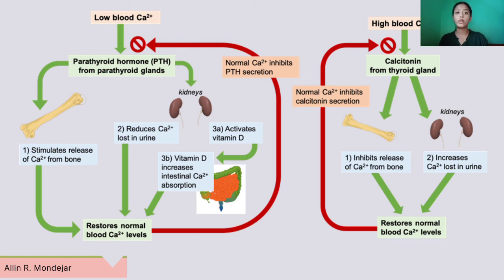Then moans for fractured bones. How? From too much osteoclast action, or the breaking down of bone to take calcium, which can lead to osteoporosis. And lastly, we have groans for constipation of our GI tract, which is from absorbing too much calcium, causing acidity in our GI tract.